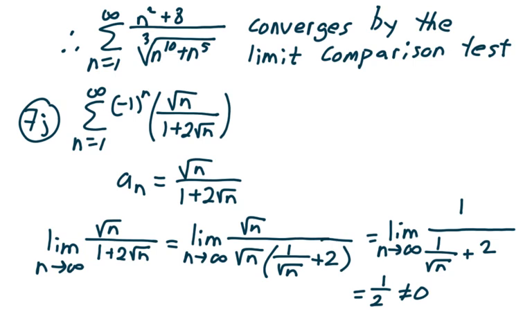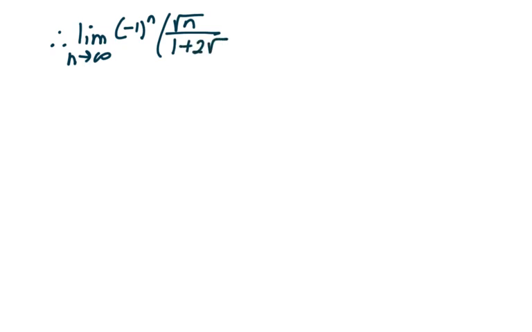So if the limit of the absolute value of the a sub n doesn't equal 0, therefore, if I take the limit as n goes to infinity of negative 1 to the n times square root of n over 1 plus 2 square root of n, this doesn't equal 0 also.